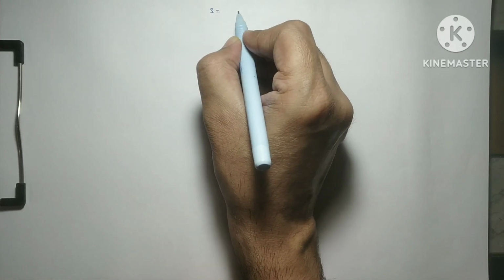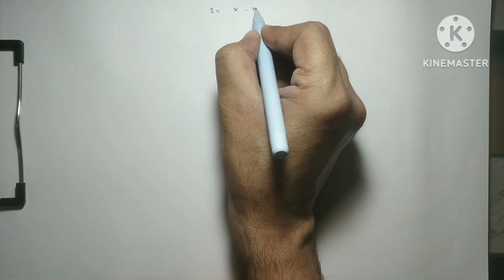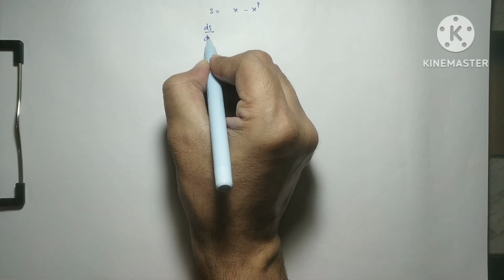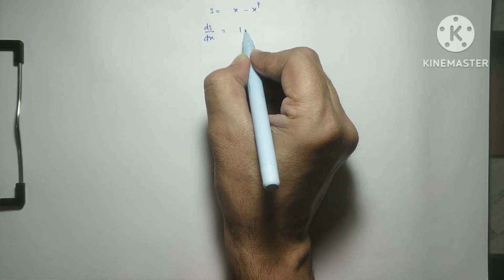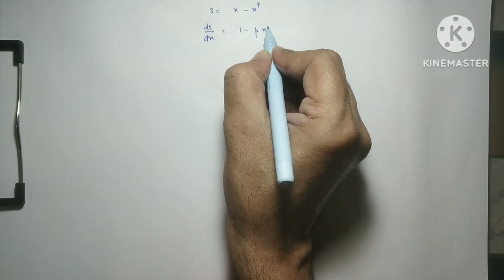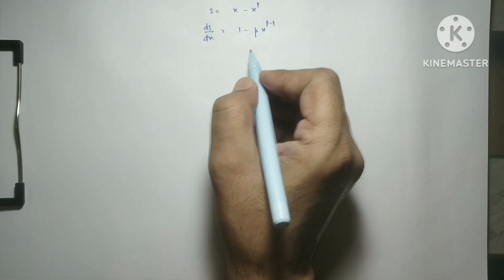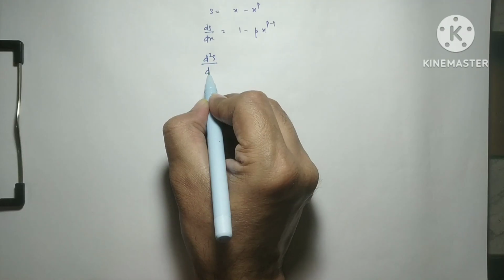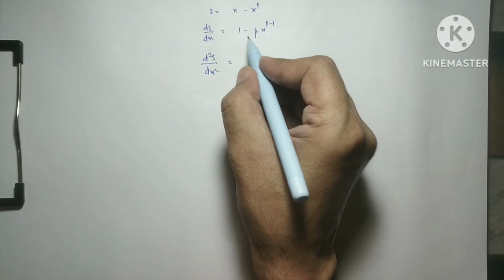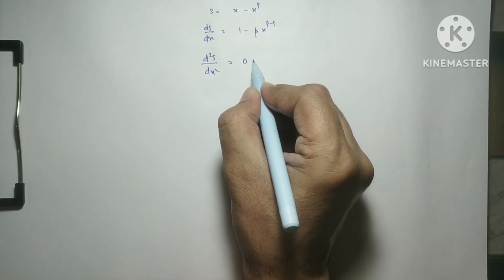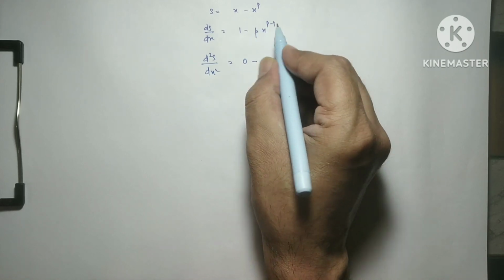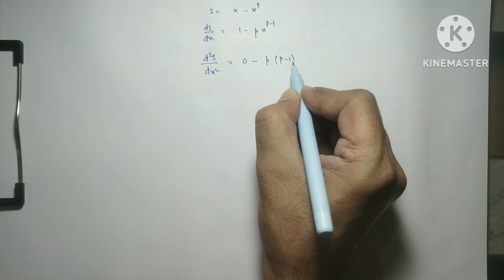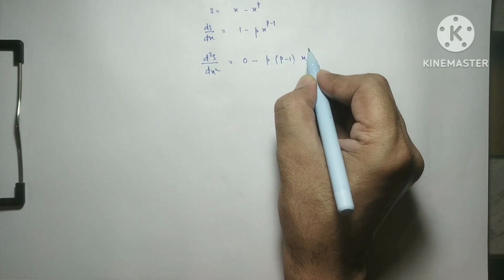The expression was x minus x to the power p, and the first derivative is 1 minus p x to the power p minus 1, and the second derivative d2s over dx square. The differentiation of 1 is 0, and the differentiation of this part is p into p minus 1 x to the power p minus 2.